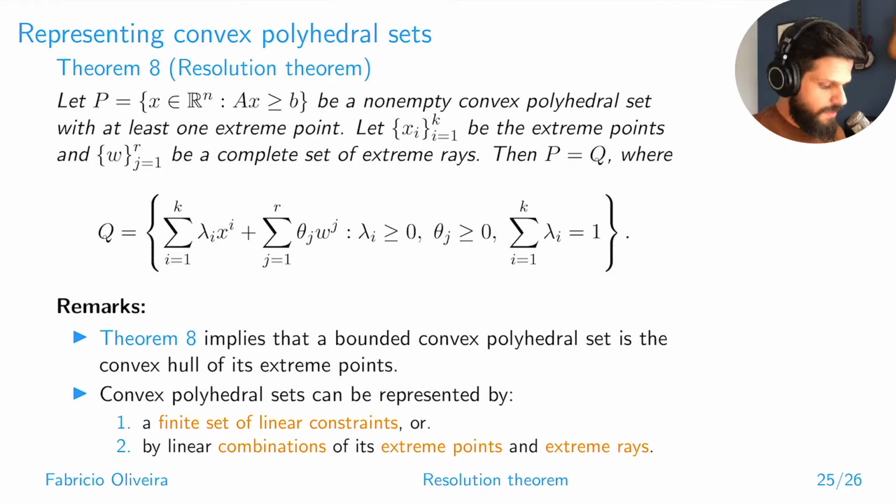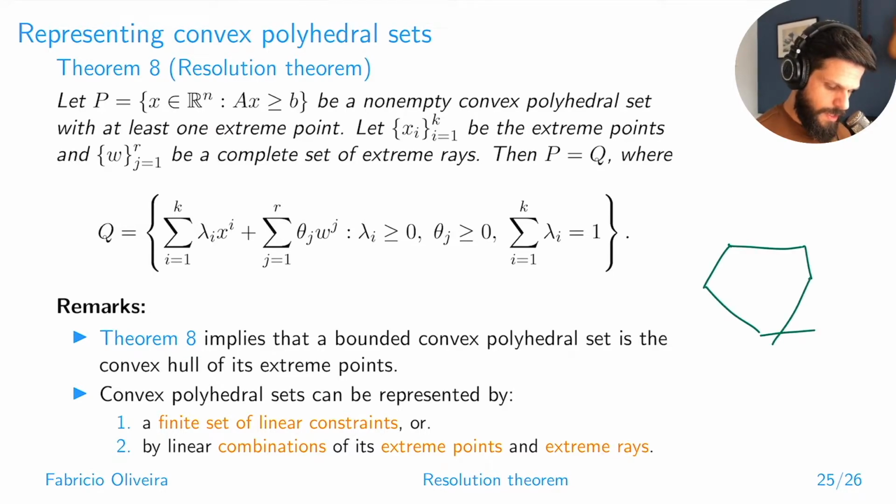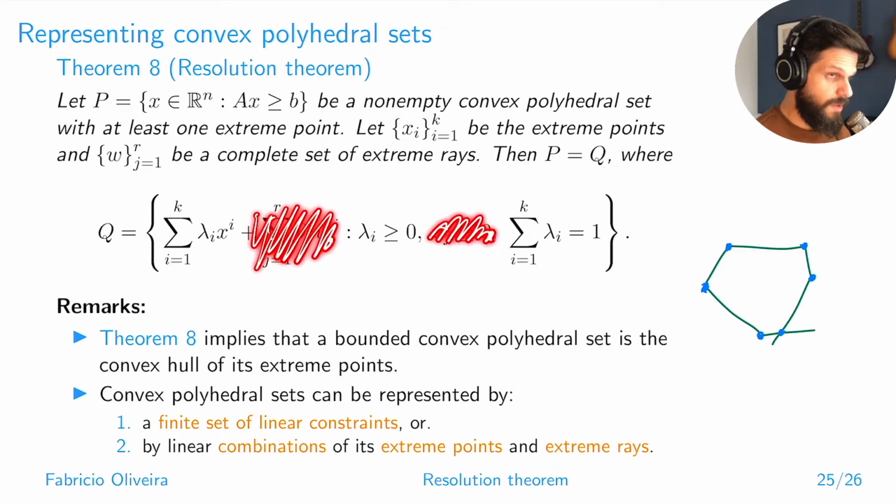So if you think of a polyhedral set that looks, say, like so, kind of like that, then if you get the extreme points and write its convex hull, you obtain the same set. And the reason for that is associated with this. Just think of the resolution theorem without this term and without this term, because a bounded polyhedral set will have no extreme rays, will have no rays. So that's it.